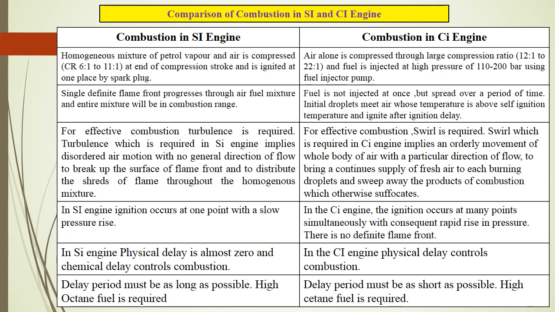Third, for effective combustion in the SI engine, turbulence is needed. Already we have discussed this. Moderate turbulence is needed to accelerate the reaction, to accelerate the combustion. Turbulence implies a disordered air motion with no general direction of flow, to break up the surface of the flame front and to distribute these threads of flame throughout the homogeneous mixture.